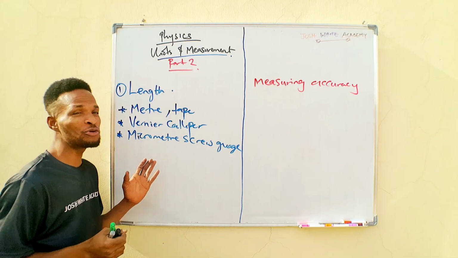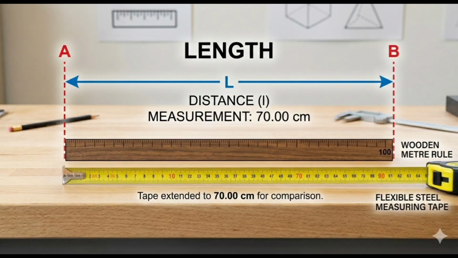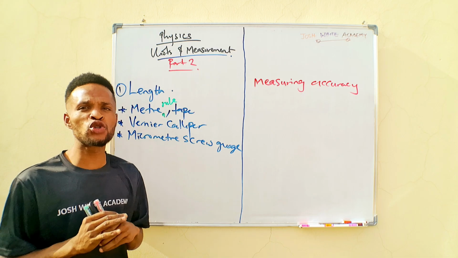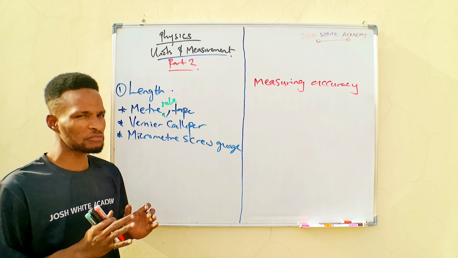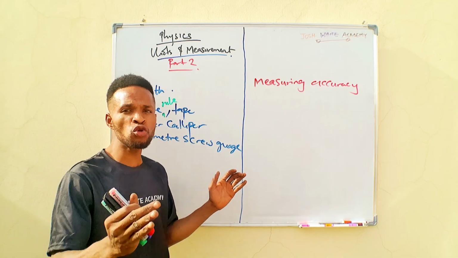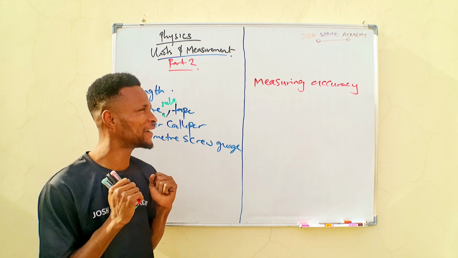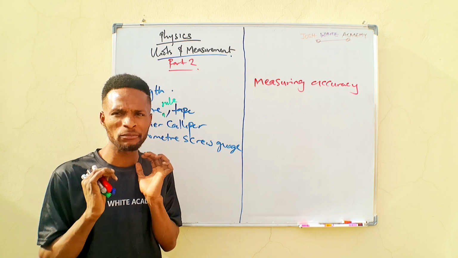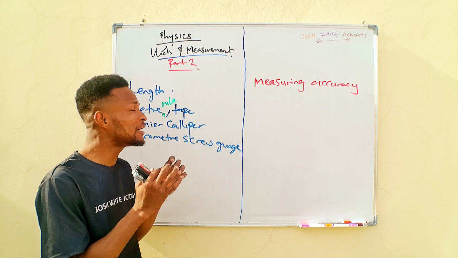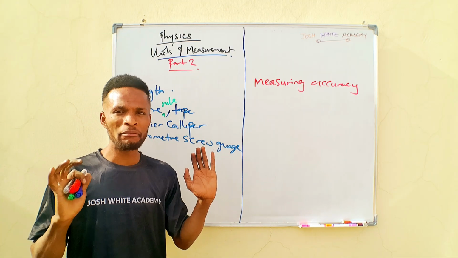These 3 can be used to measure length. Now the first one, which is the meter rule, can be used to measure distance, let's say between 2 points, be it vertical or horizontal. Similar with tape. As I have said earlier, tape is used for longer length measurement.